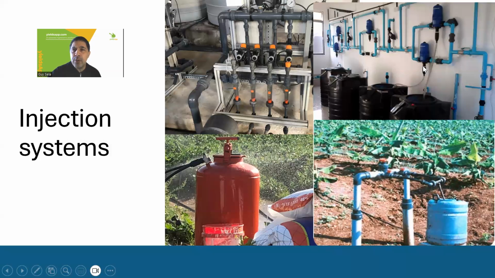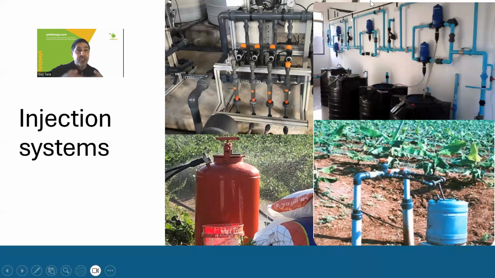But here you basically adjust, this one is called Dosatron, but it's a specific brand. But you adjust it, for instance, to 1%. 1% means that for each 100 liters of water that goes through the system, the irrigation line, right, it will inject 1 liter of fertilizer solution.